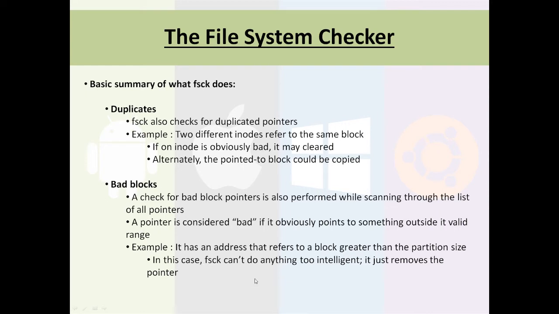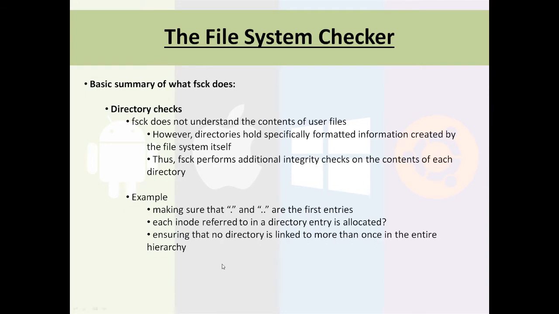In this case, FSCheck can't do anything too intelligent. It just removes or clears the pointer from the inode or the indirect block. In other words, it just removes the pointer. As you can see, FSCheck does quite a bit.